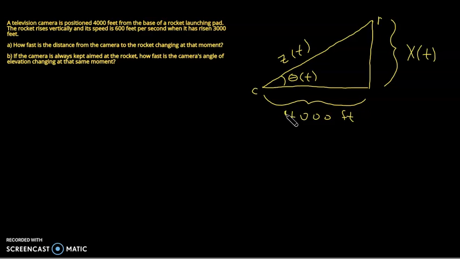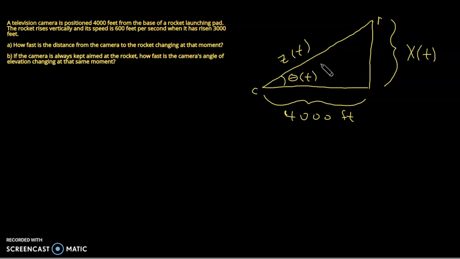That's not changing. In part A, we want to figure out how z of t is changing at the instant when x of t is 3,000.